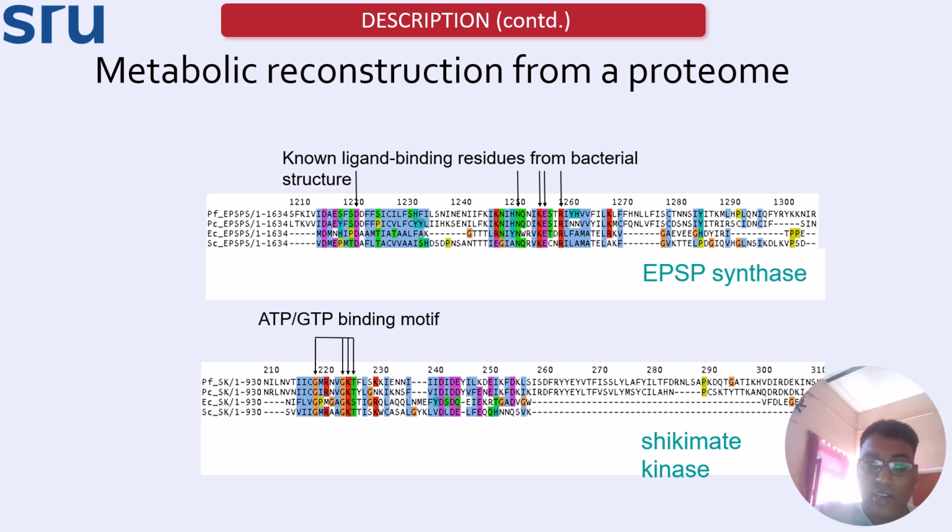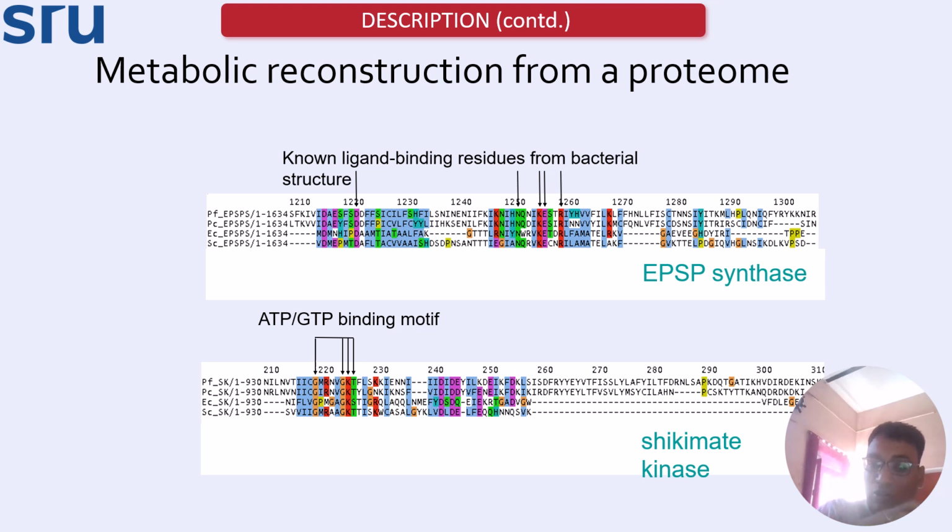Non-ligand binding from bacterial ATP GTP binding motifs. Once I'm aligning the known data, I can get the information. All these parts are used to interpret homology in different species and different sequences, so that their reaction network and reaction kinetics can also be analyzed in the other part.